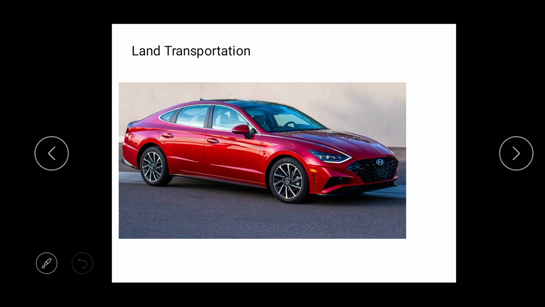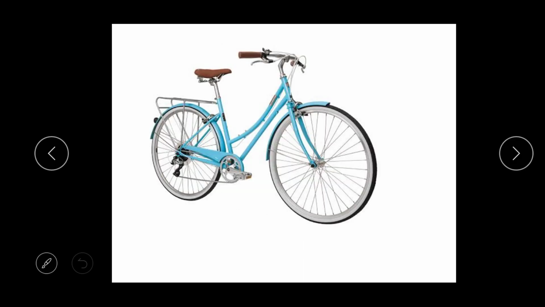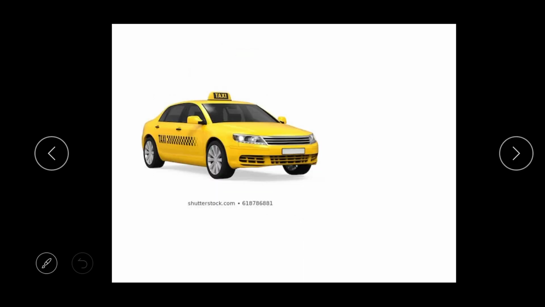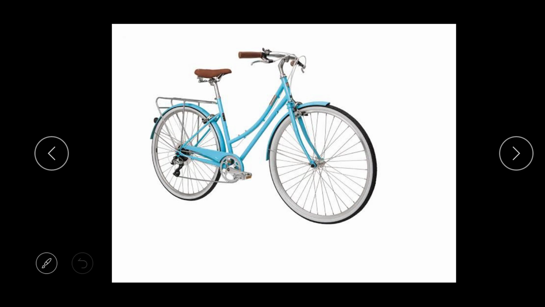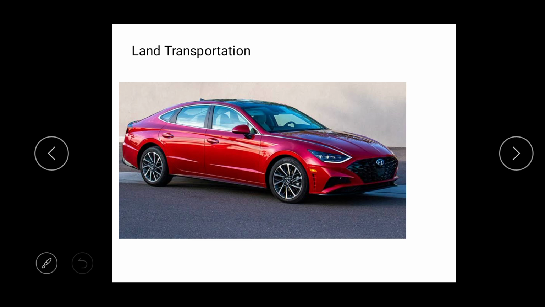So, cars, scooters, bikes, and taxis are used to cover short distances. If you want to cover short distances, you can use any of these: taxis, bikes, scooters, or cars.